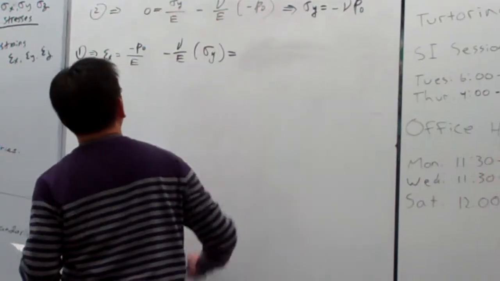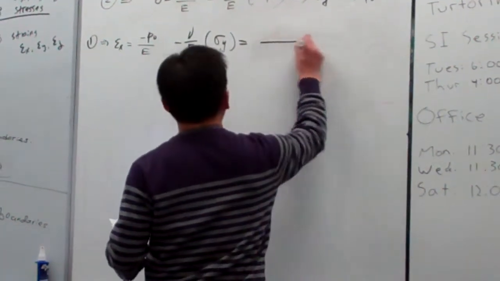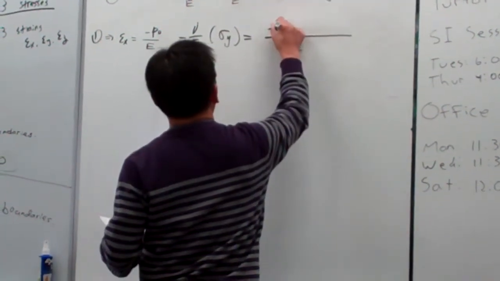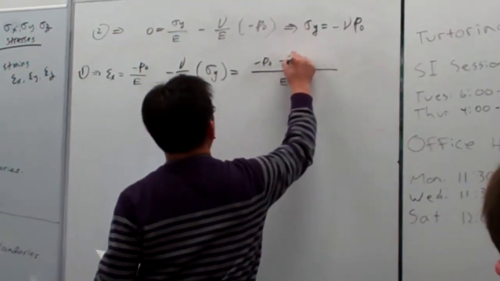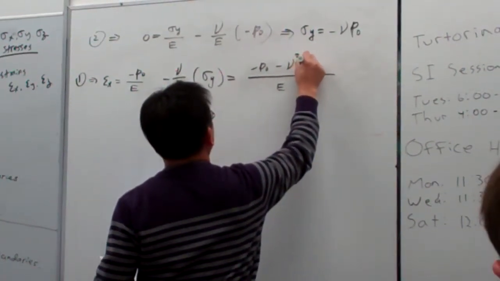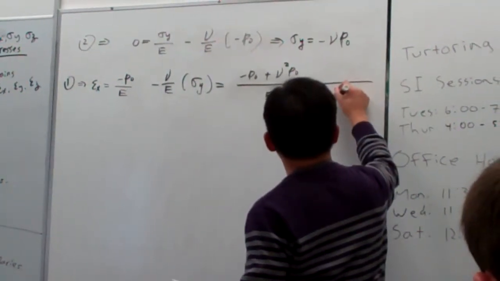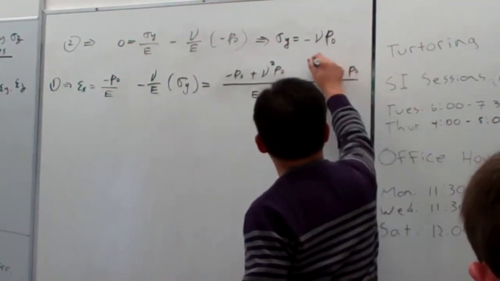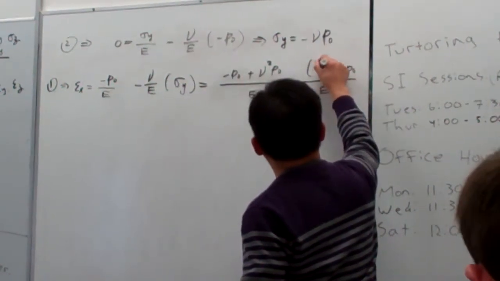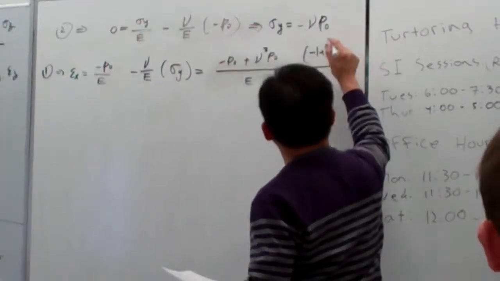Let me do this quickly, okay? 1 over E times minus P0 minus mu squared P0, plus, yes. So this would be P0 over E times minus 1 plus mu squared, right?